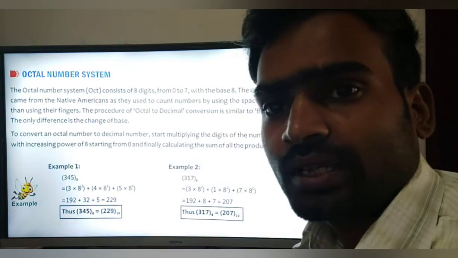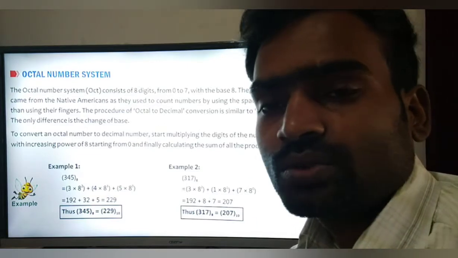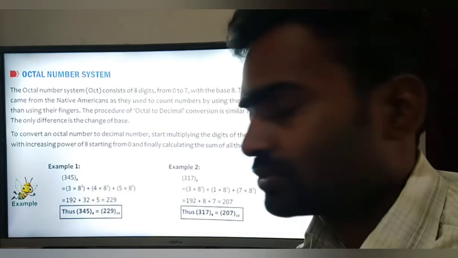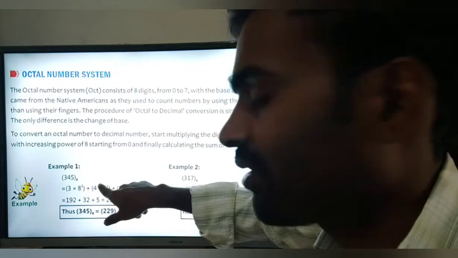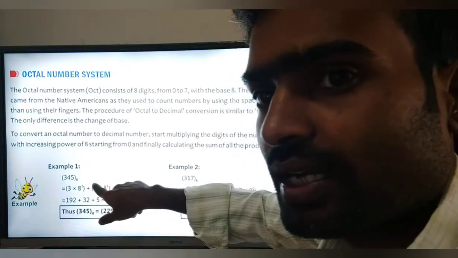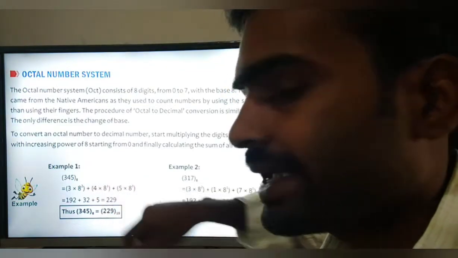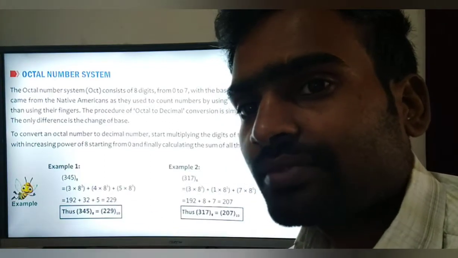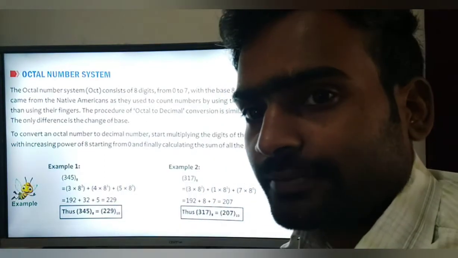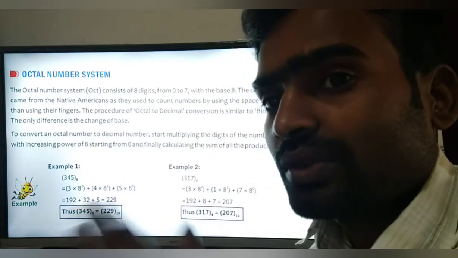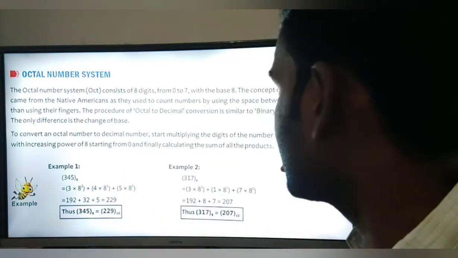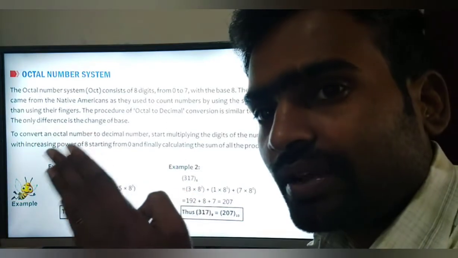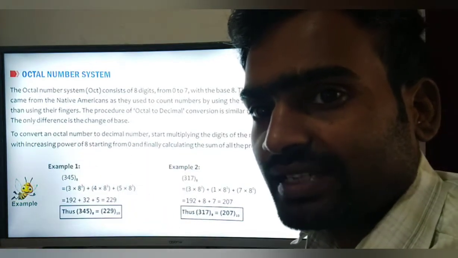This is what we were doing yesterday for binary to decimal conversion, where we used base 2 to the power of the position. Clear? And now we are using 8 to the power of the position value. We have to start from right to left, from the right hand side to the left hand side.